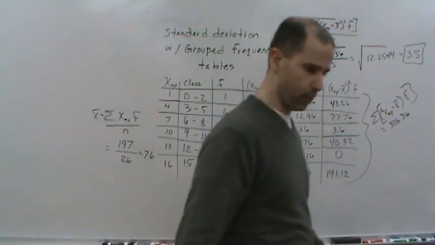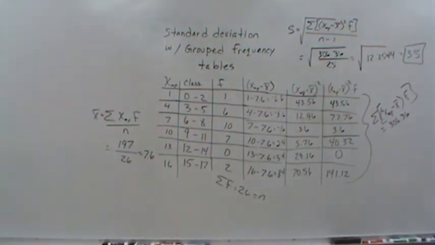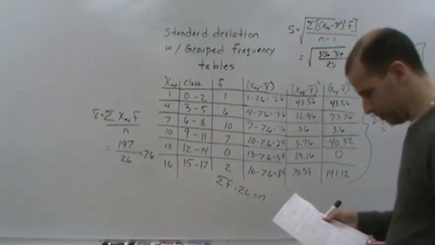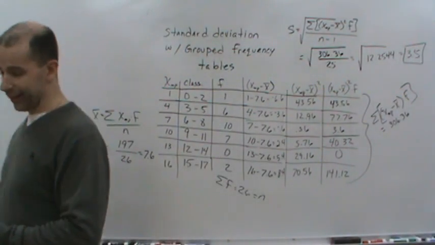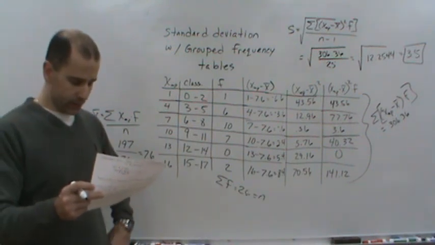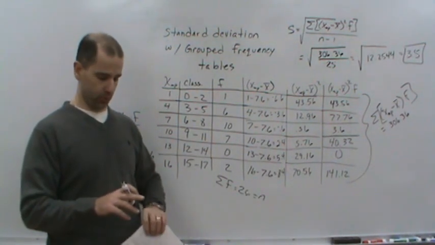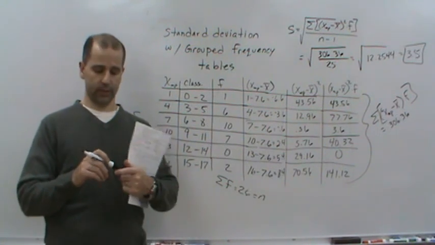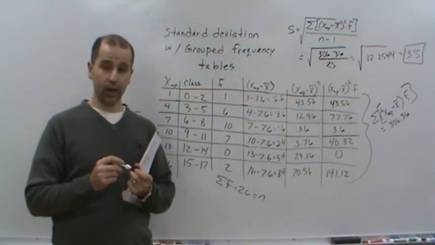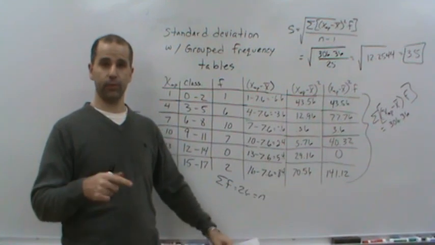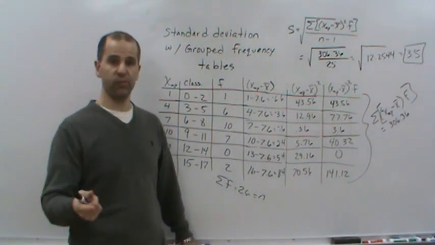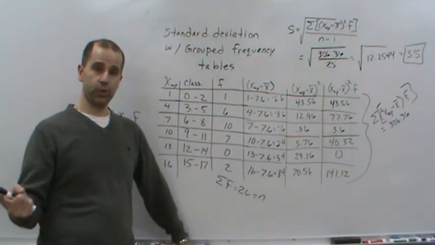Okay, so let's see what we got next. Okay, so here's a note before we move on to the next topic. The note I want to say is extreme values. When we talk about extreme values, remember in the previous videos that I've done, we talked about skewness. We talked about distributions that were symmetric and distributions that were skewed.